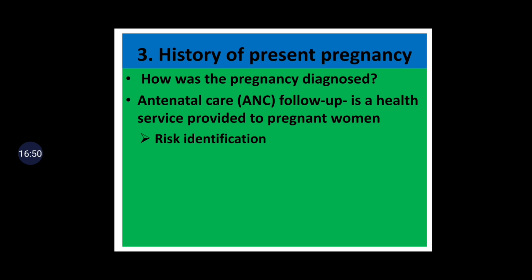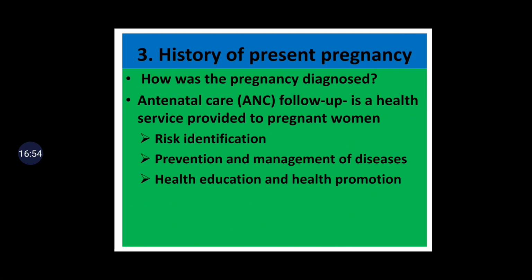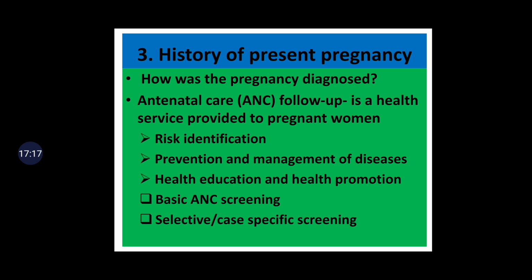Antenatal care follow-up has 3 components: risk identification, prevention and management of diseases, and health education and health promotion. Basic ANC screening investigations are done for all pregnant mothers and include blood group and Rh, hemoglobin, screening for HIV, hepatitis B virus, syphilis, early ultrasound, and urinalysis.